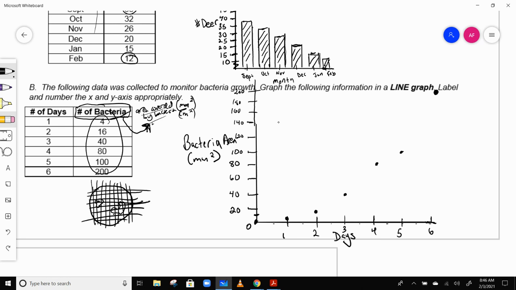For this one, you'd probably tell me the name of the bacteria. So whatever bacteria growth.